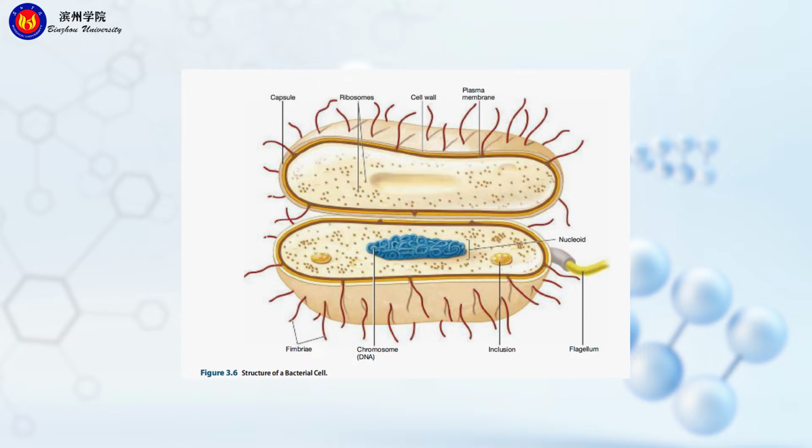Of all these layers, the plasma membrane is the most important because it encompasses the cytoplasm and defines the cell. If it is removed, the cell's contents spill into the environment and the cell no longer exists.